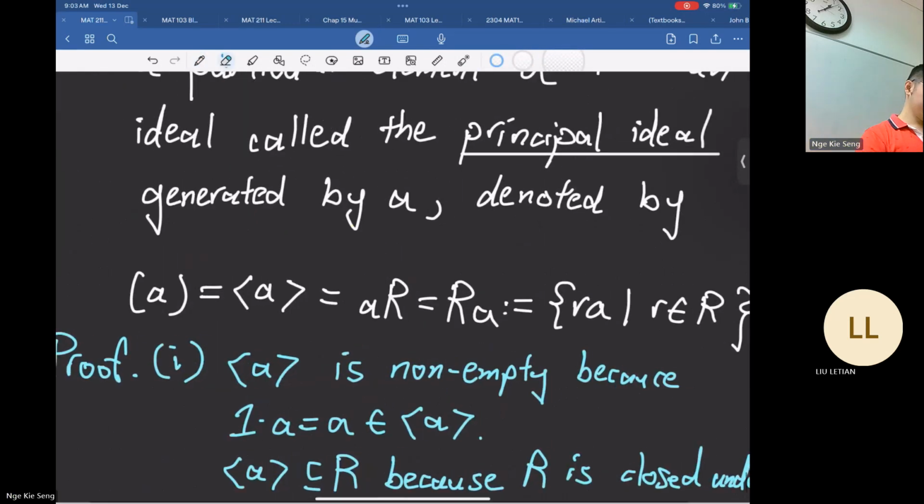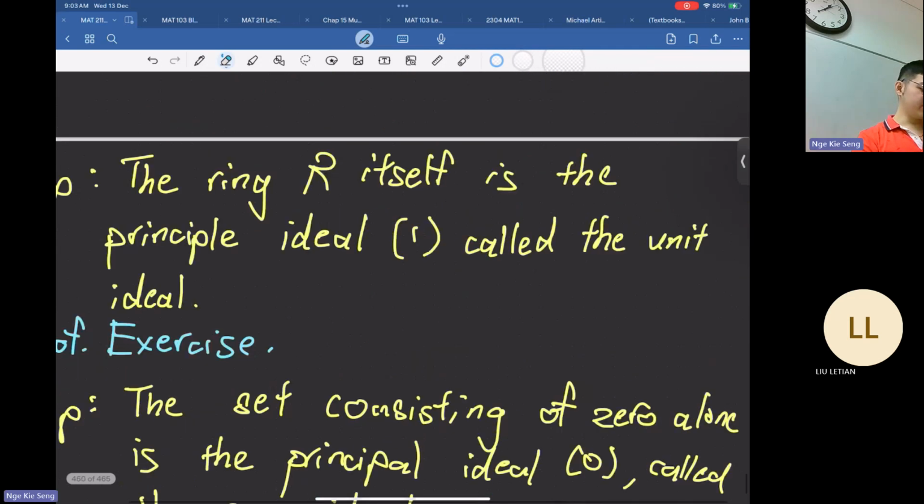Usually, if I take a singleton, I will put the set bracket. If there is just one single thing inside there, I put the set bracket. Yes, it's the principal idea.